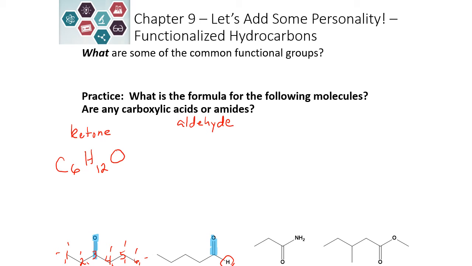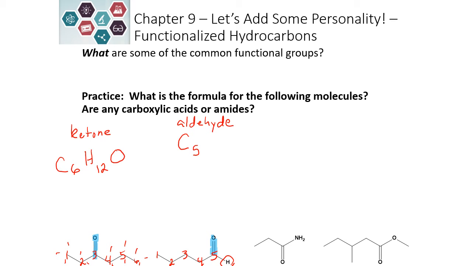So now if we count our carbons, we have 5 carbons. Again, this bond here between the last carbon, carbon 5, and the hydrogen, that is just showing the connection to the hydrogen. There is no additional carbon there. So that would be C5.